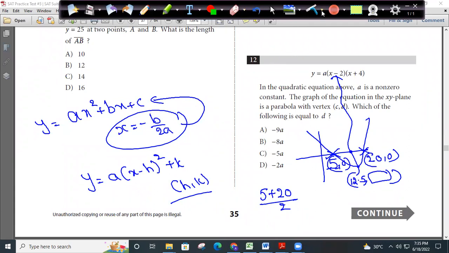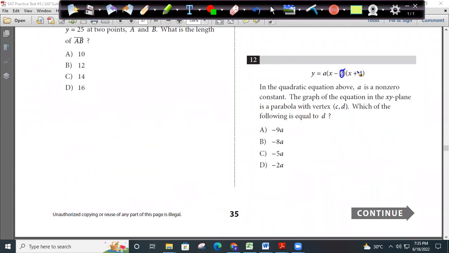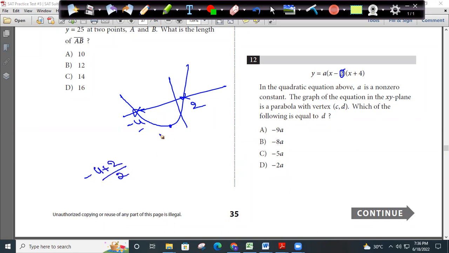Now let me solve this question, and now I clearly know the vertex. The graph might look something like this, with x-intercepts minus 4 and 2. The midpoint of minus 4 and 2 is minus 4 plus 2 by 2, which is minus 1. I got the x value of the vertex, which is minus 1.